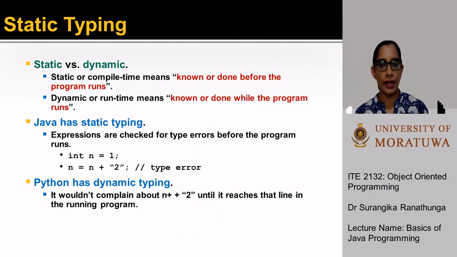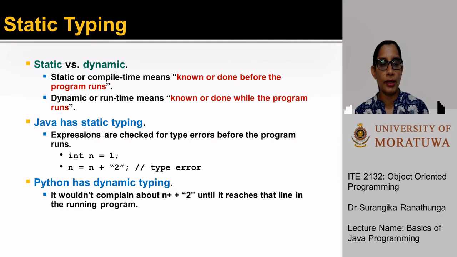In contrast, dynamic or runtime typing means the type of the variable is known only when the program is running. In Java, what we have is static typing. In other words, if you want to use a variable, you have to declare it using the type of that variable. For example, here we say variable n is of type int.